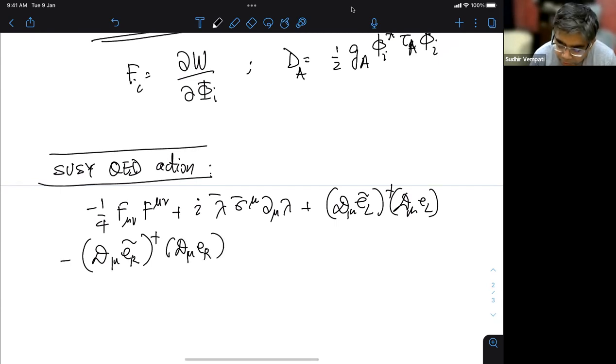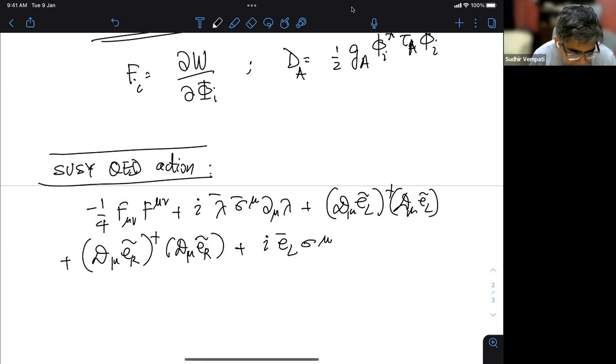The reason why we need a separate left-handed scalar for the left chiral electron and a right-handed scalar for the right chiral electron is that we need to match the degrees of freedom. The left chiral electron has 2 degrees of freedom, so the left-handed selectron has 2 degrees of freedom. So it should be a complex scalar. That's how we write it, and we use the same notation also for MSSM.